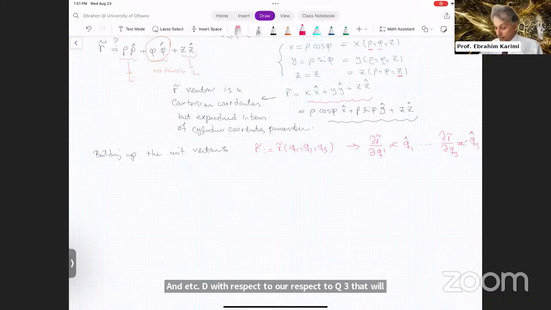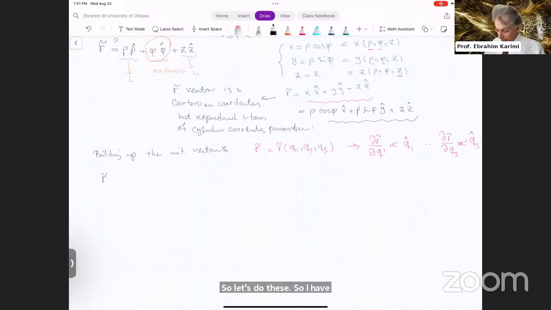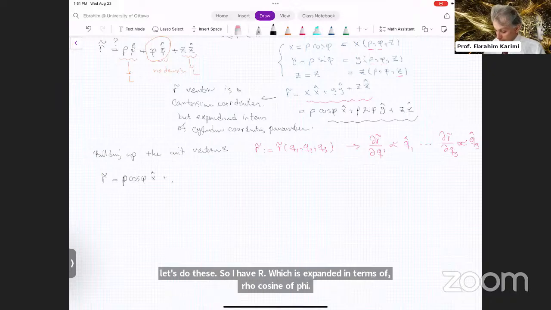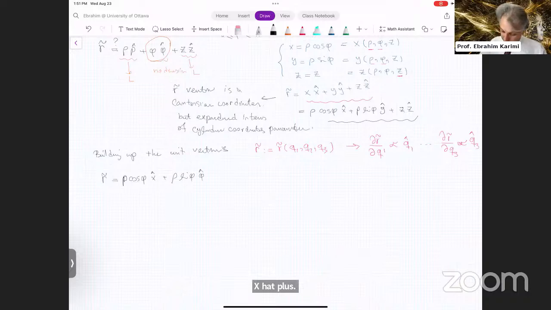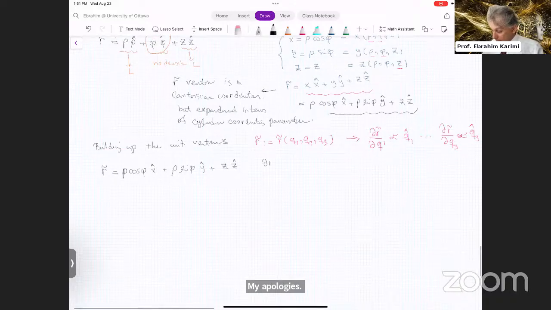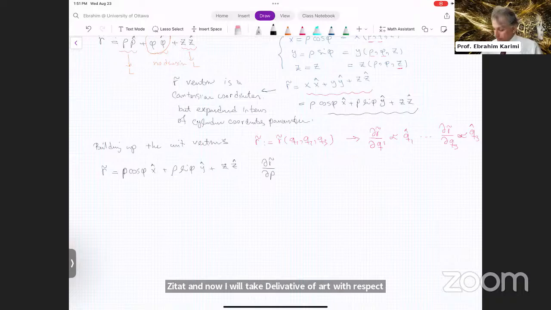So let's do this. I have r, which is expanded in terms of rho cosine of phi x hat plus rho sine of phi y hat plus z hat, and now I will take the derivative of r with respect to rho, which is the q1.